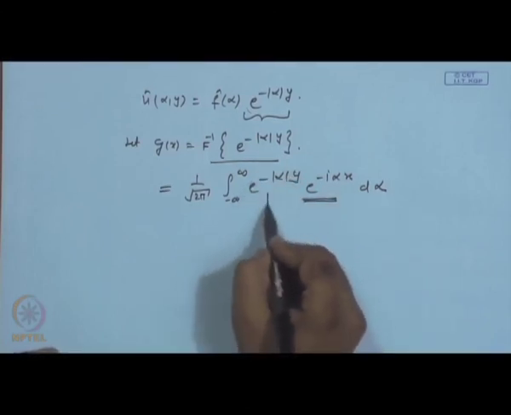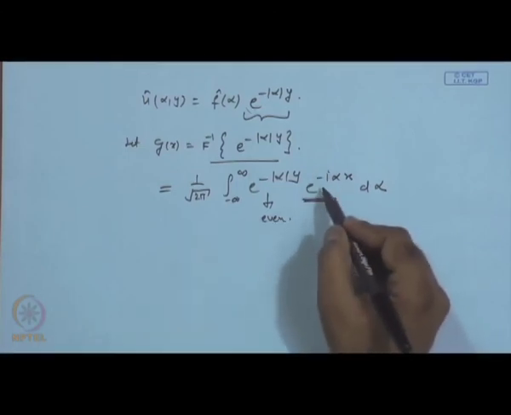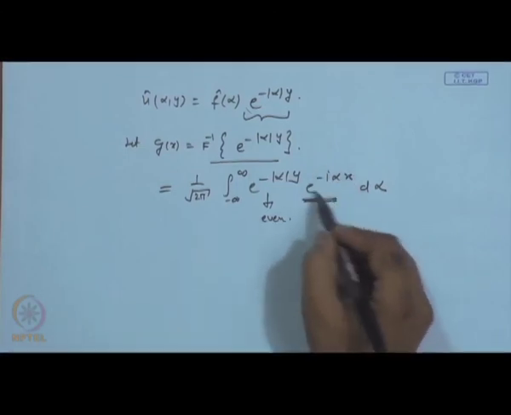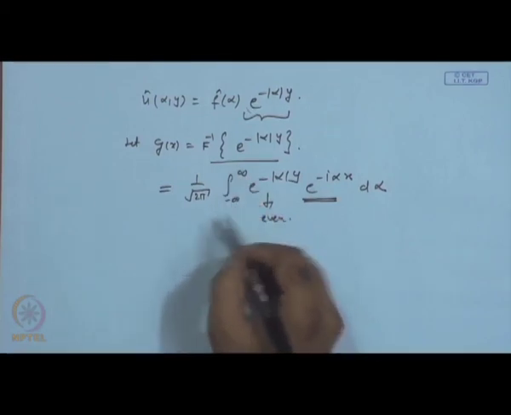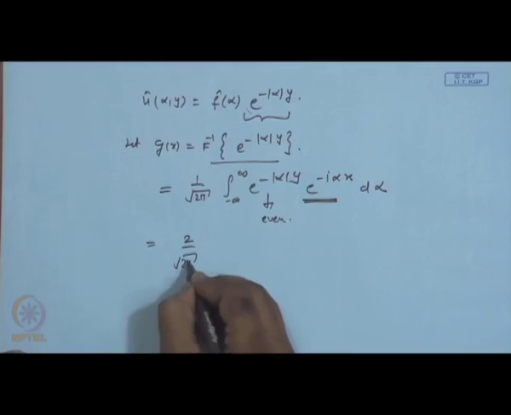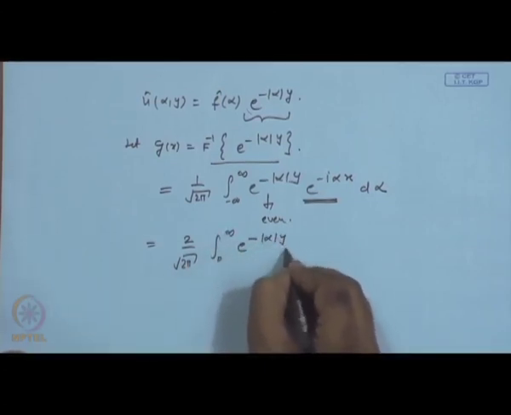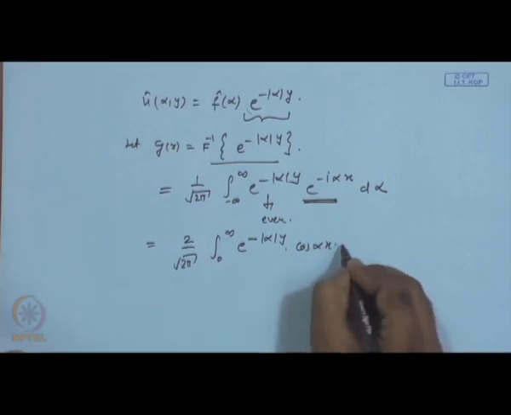Since this is an even function, and cos is also even, and sine is odd, the symmetric integral of the sine part will be 0. So we have 2 times 1 over square root 2π, integral from 0 to infinity of e^(−αy) cos αx remains.